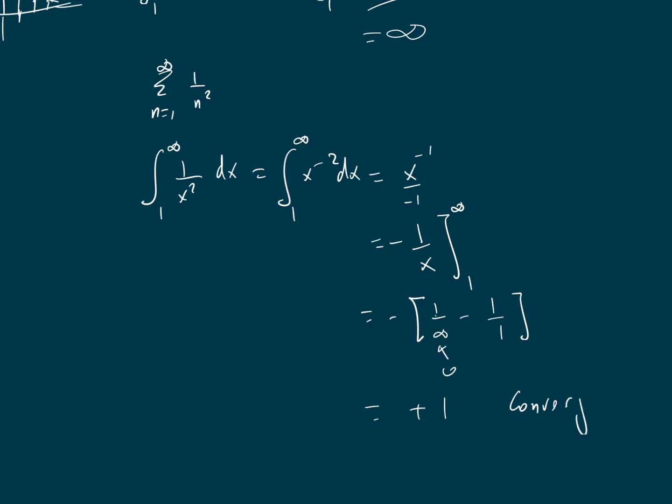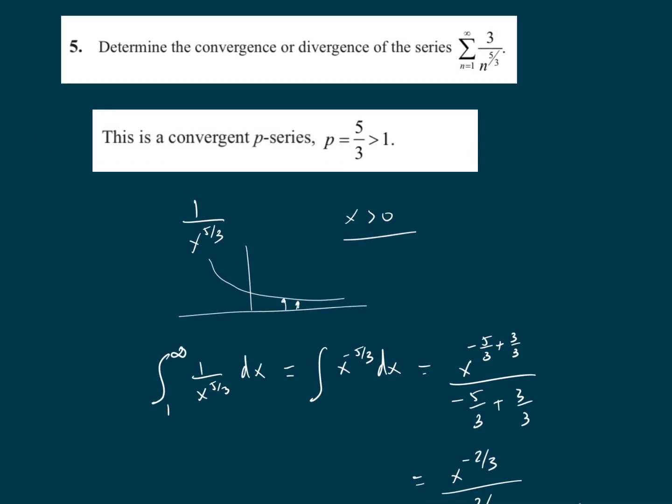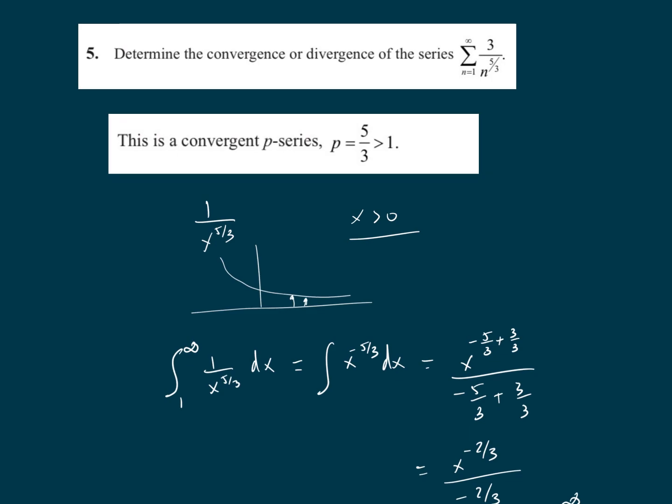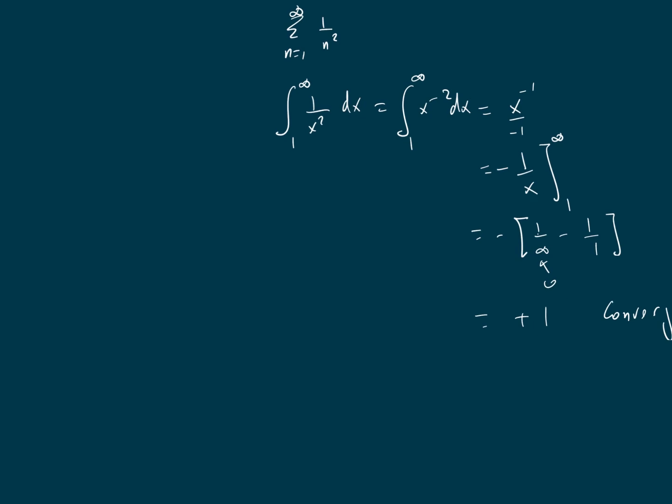So the p-series converges. What we can write is like this: the integral of 1 divided by x^p dx converges if p is greater than 1.